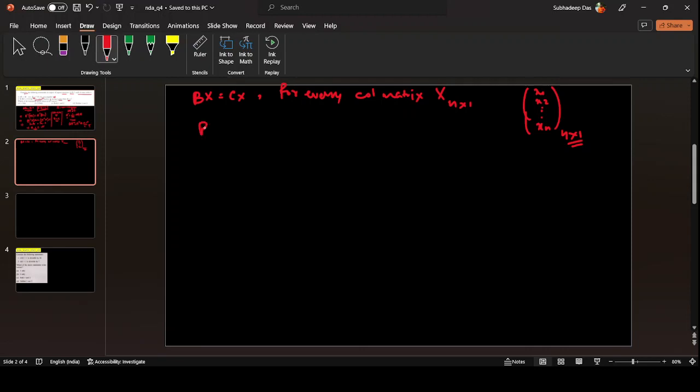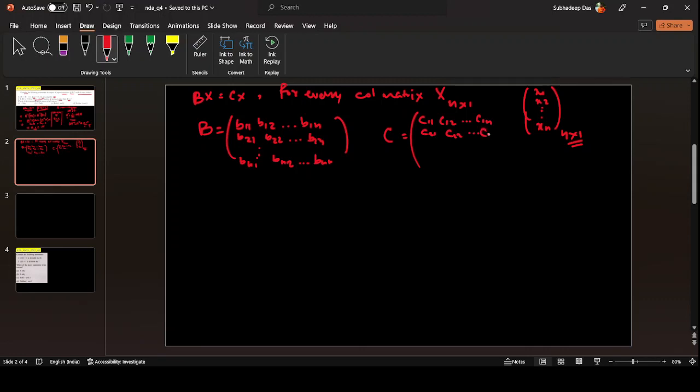Suppose we write B as B11, B12 up to B1n, B21, B22 up to B2n, and so on to Bn1, Bn2 up to Bnn, and C the same way, C11, C12, C1n, C21, C22, C2n, and Cn1, Cn2, Cnn, as both are n cross n matrices. So we let B and C like this.